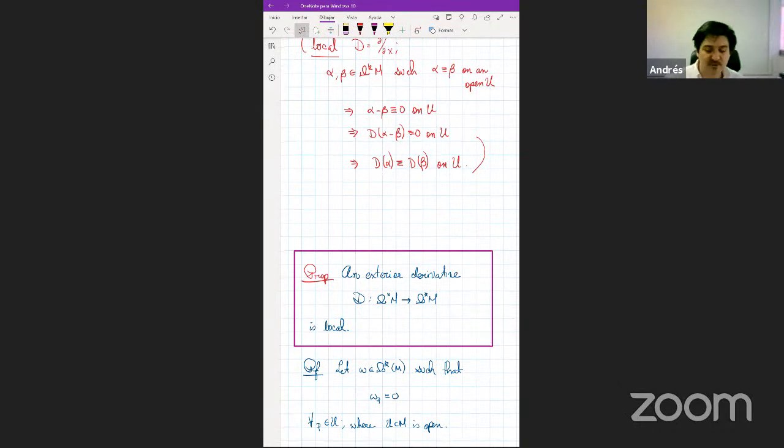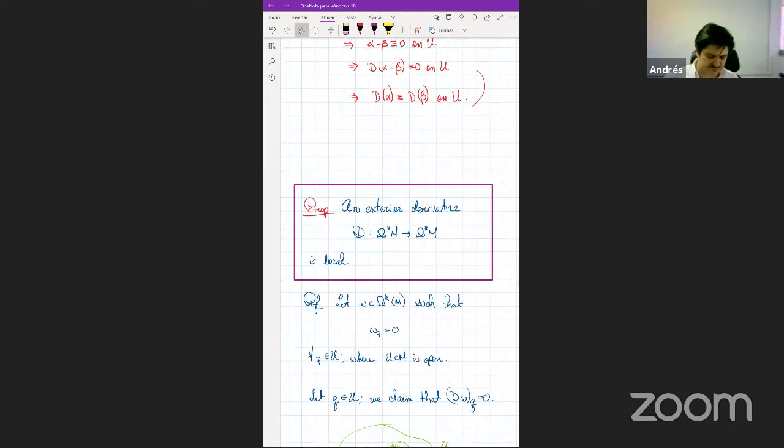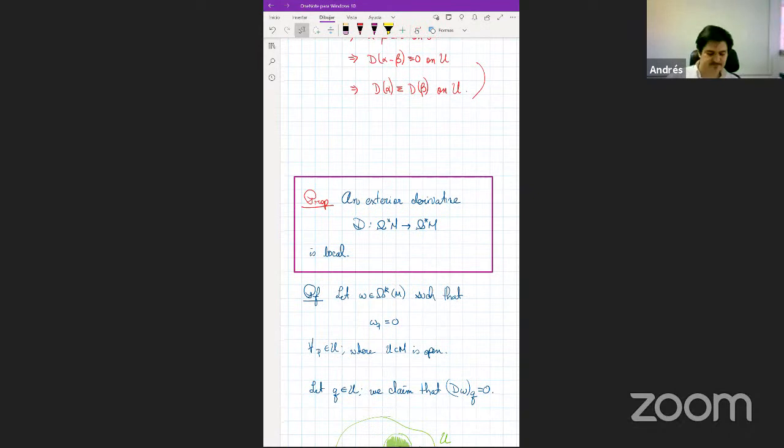Any exterior derivative on a manifold is local. Okay, so let's prove this. So take a differential form that vanishes on some open set.